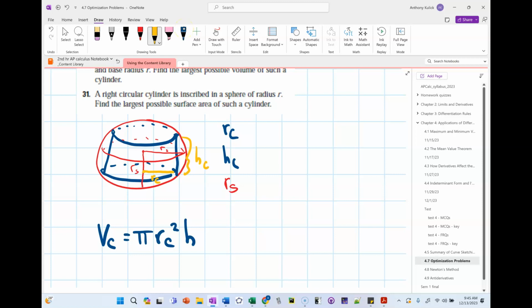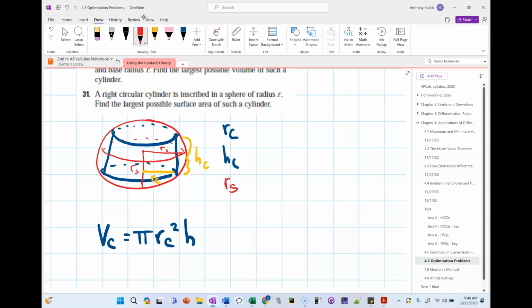Let me think here for a moment. Well, it's all about drawing the right triangle. Let's see here. Let's cheat and use their picture.